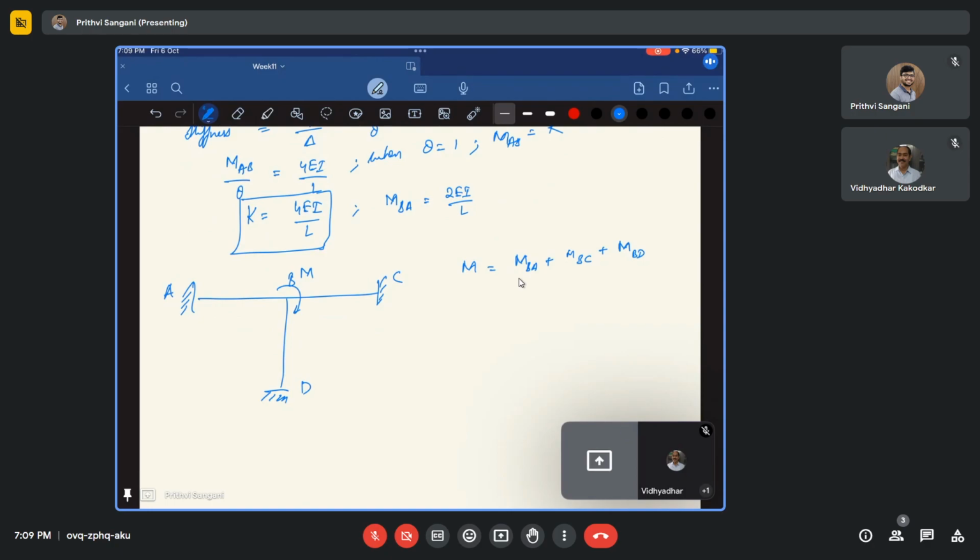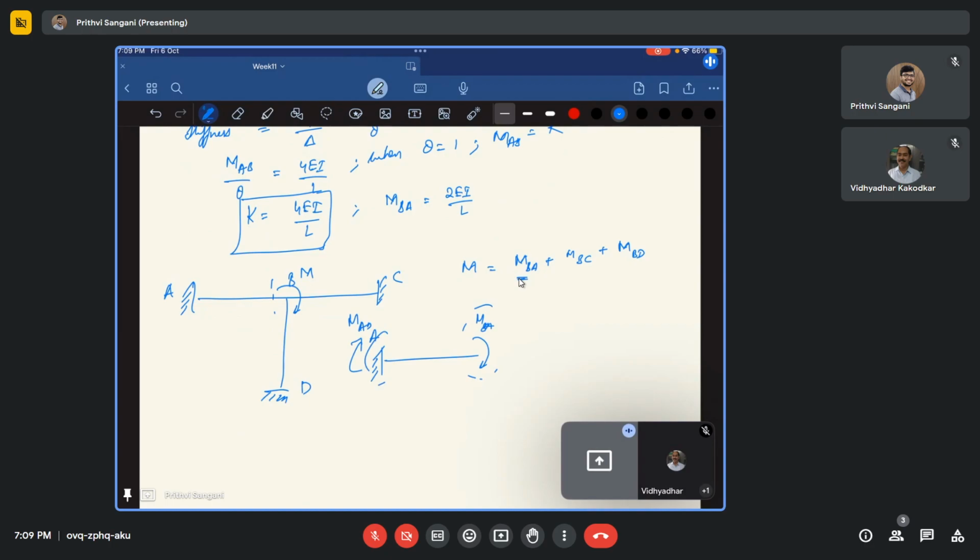Because if you solve for MBA, let us say my MBA is something like this, then you can simply solve what is happening at the far end, so this will be like MAB. This can be solved because this is a cantilever.